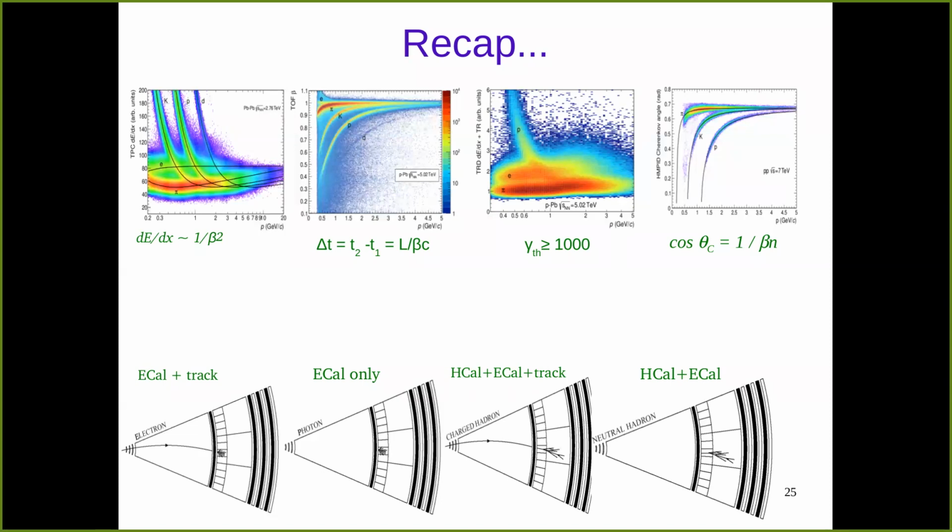In the electromagnetic calorimeter, the electrons and photons deposit their energy, and in the hadronic calorimeter, mostly the hadrons, both charged and neutral hadrons, deposit energy. Now, one additional thing is that the hadrons can also deposit some fraction of their energy in the ECal, which complicates the identification of electrons and photons in the ECal.